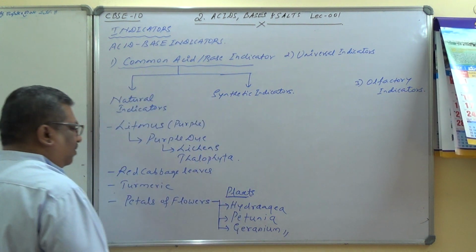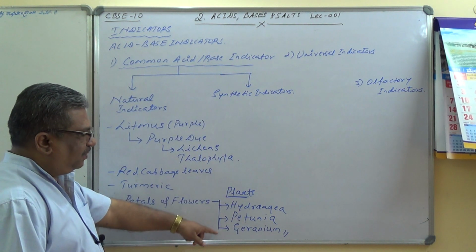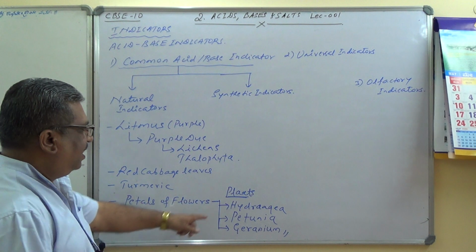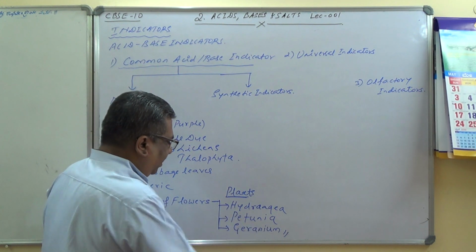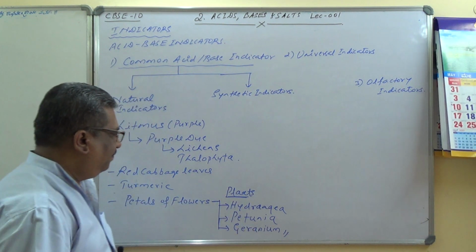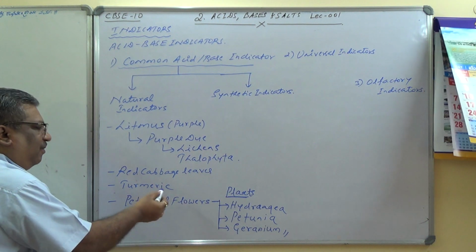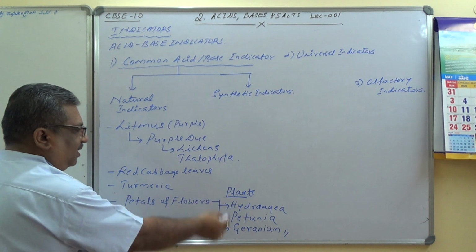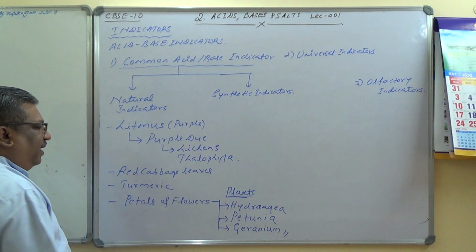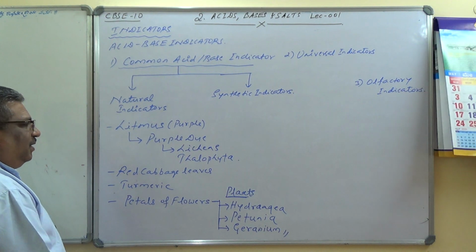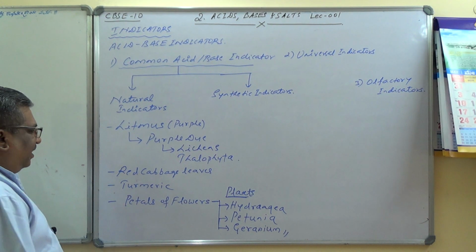These are the different types of flowering plants. The petals of the flowers of these plants would be able to indicate by changing their colors whether the given substance is acidic or basic in nature.